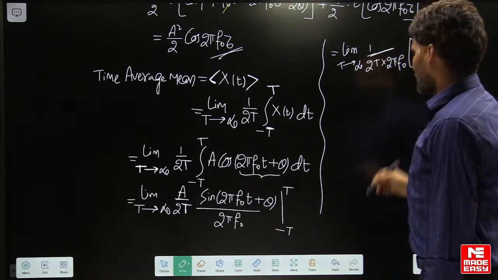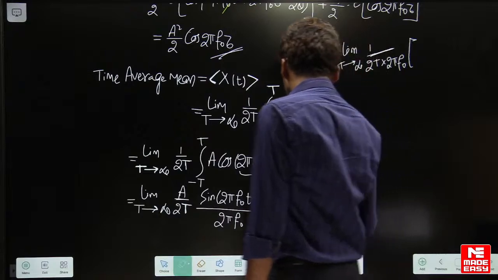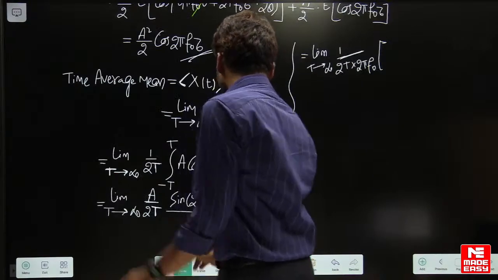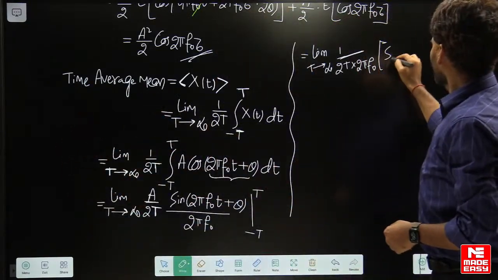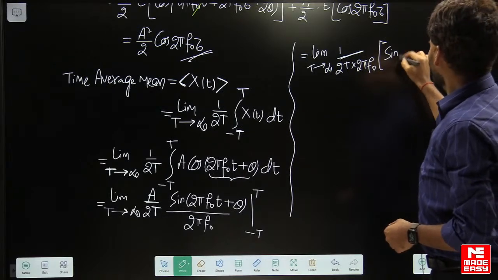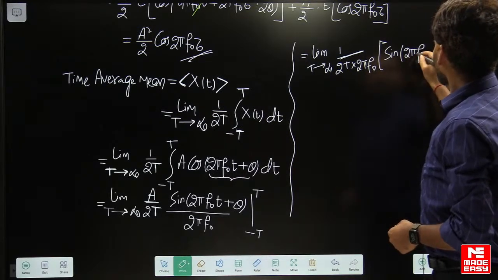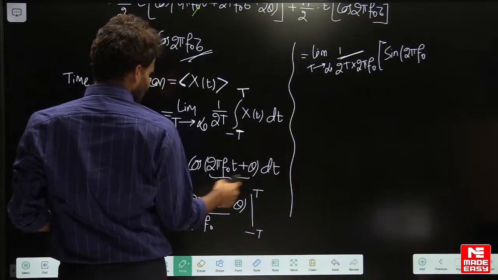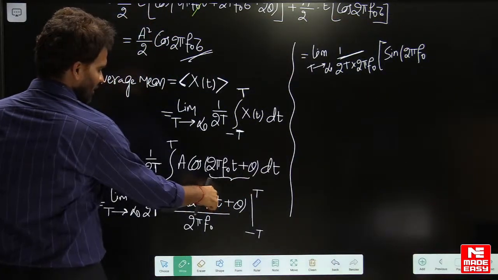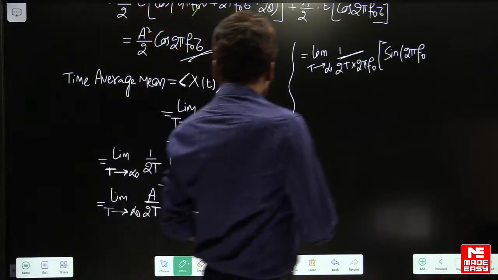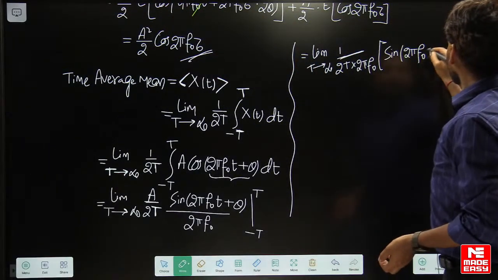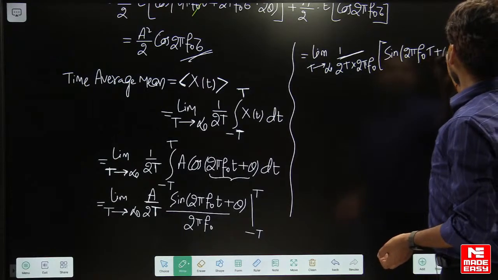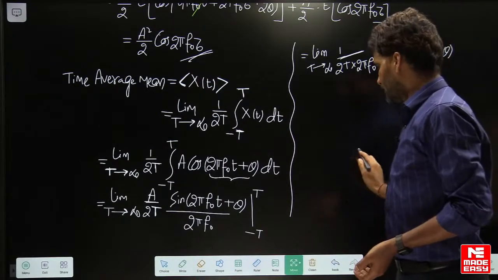If you substitute the limits here, this is sine of 2 pi f naught t plus theta. The integration is with respect to t, so in place of small t, you have to substitute the limits.